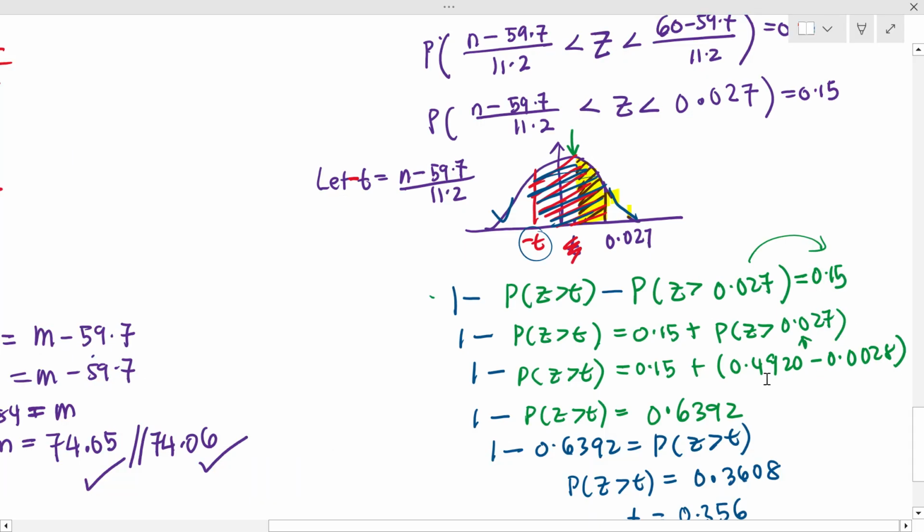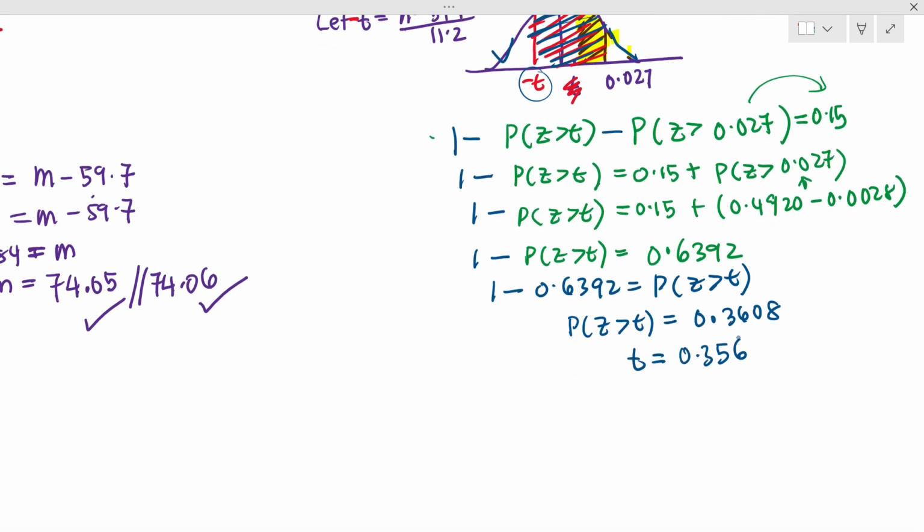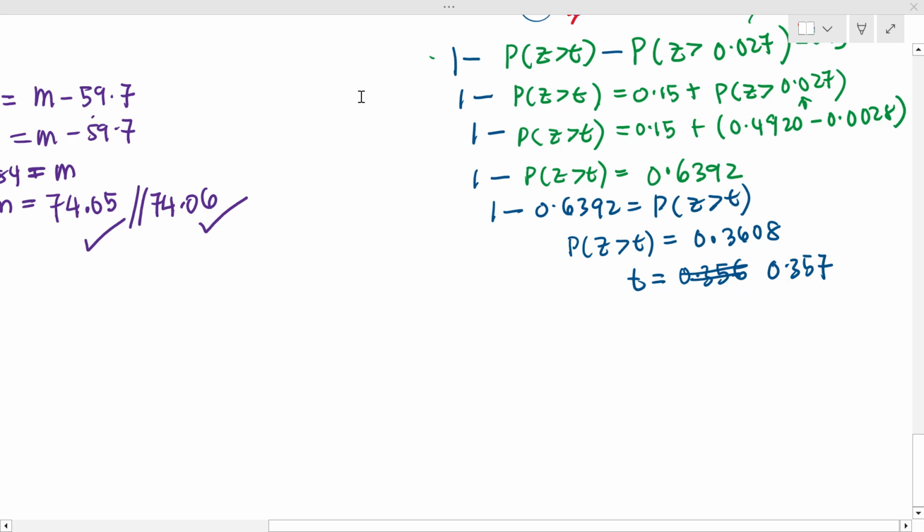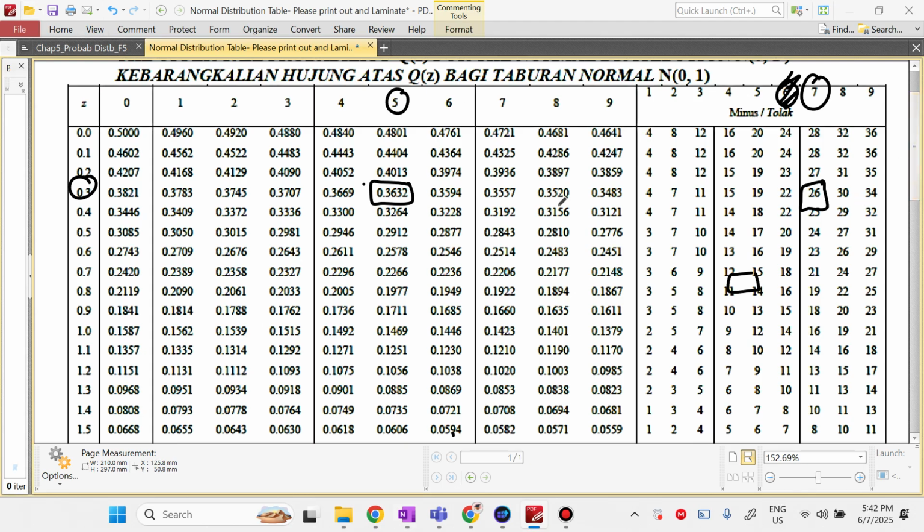0.357 also can. If let's say you made a mistake, I mean you wrote 6, it doesn't matter, just carry on, okay? I think that makes the answer run even more.